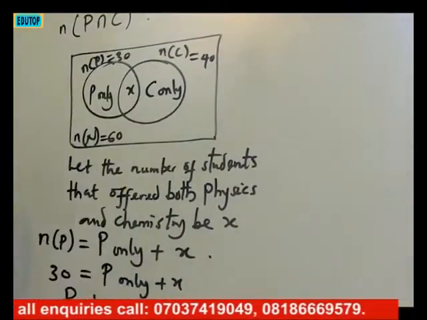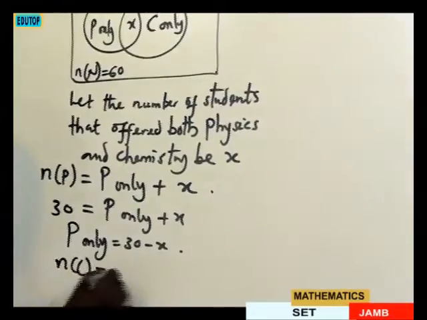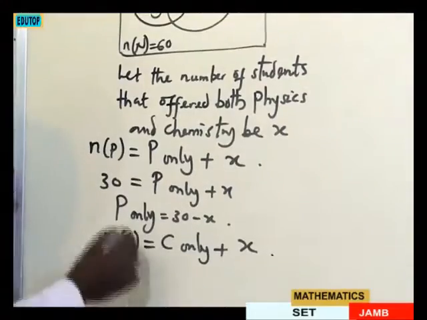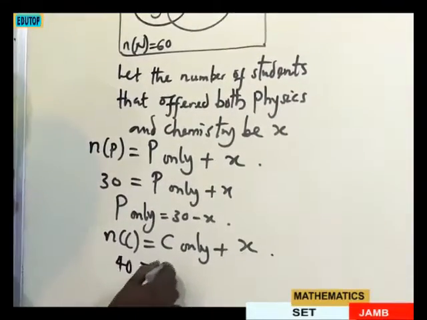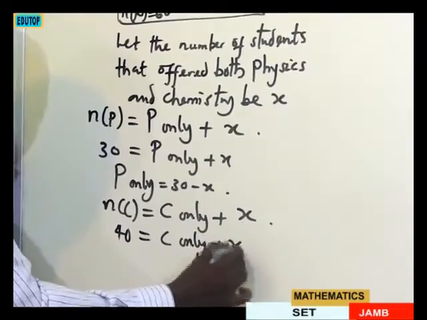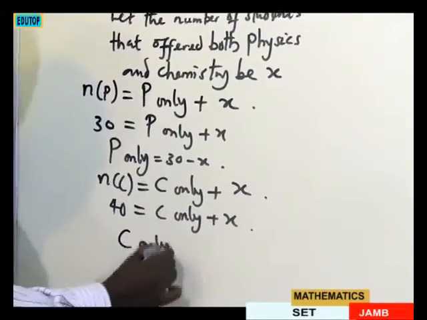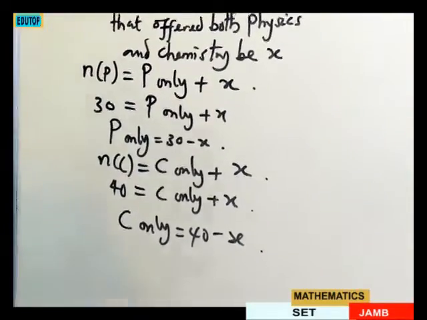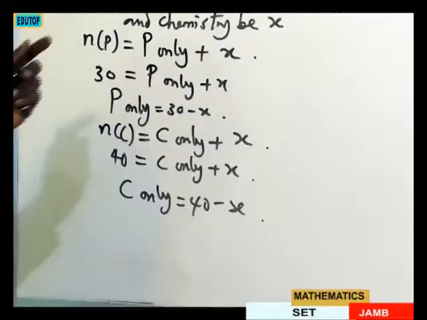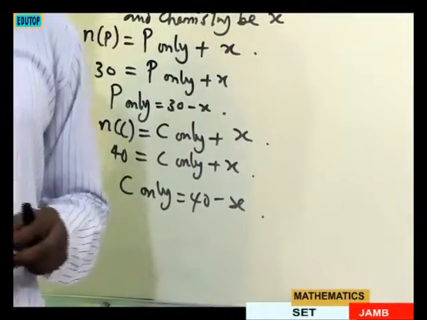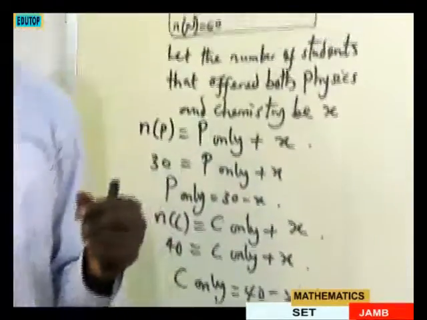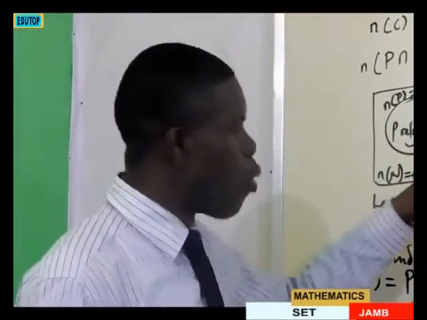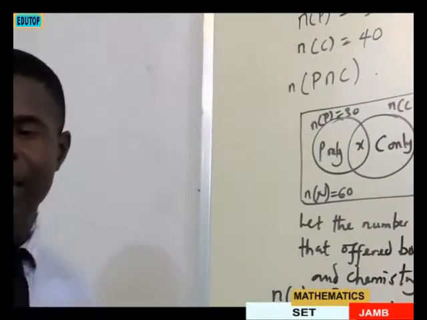Now, this place also, number of chemistry will definitely be chemistry only plus both. What is chemistry only? 40 equals C only plus X. Then C only will definitely be 40 minus X. That is chemistry only. Having calculated that, and since no information is given to us that there is a particular number of students that offer neither physics nor chemistry, that means no one will be outside the Venn diagram.